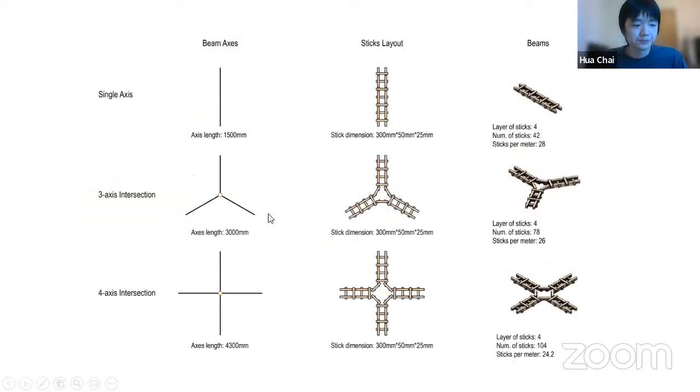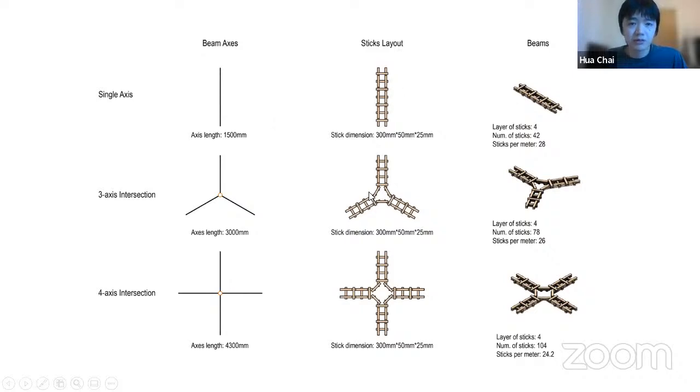The computational design of the system could directly take the result of the structure optimization process. We did a basic combination of the timber sticks to generate the timber beams, the continuous beams from the beam axis.